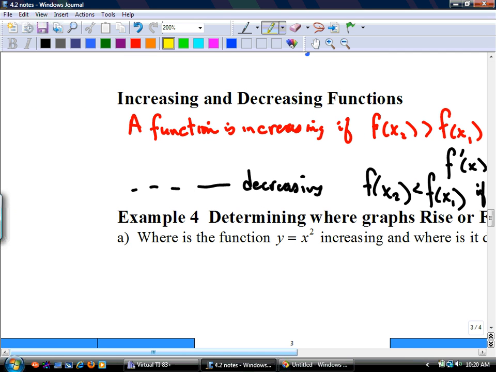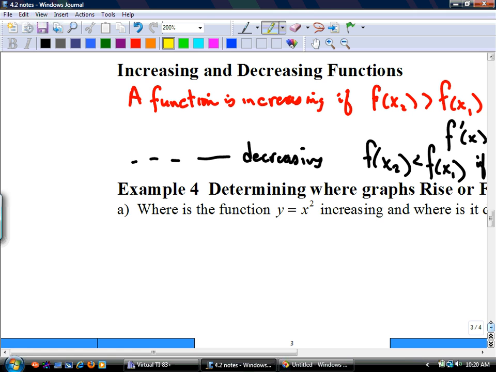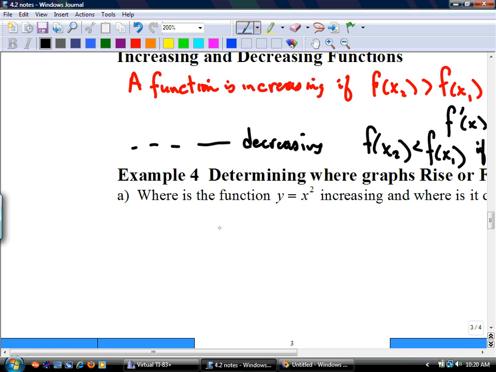So, where is the function y equals x squared increasing and where is it decreasing? Well, really what I want you to do is to find the derivative. What's the derivative? 2x.